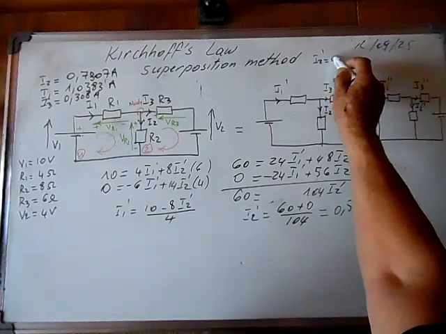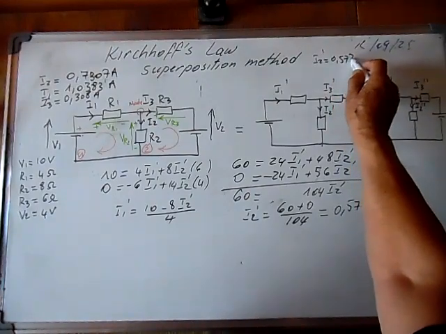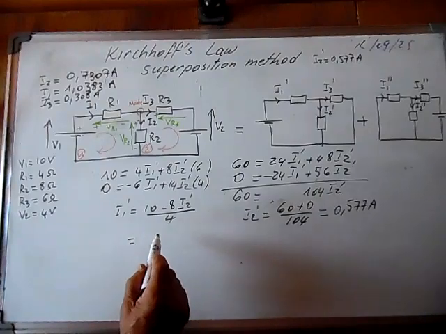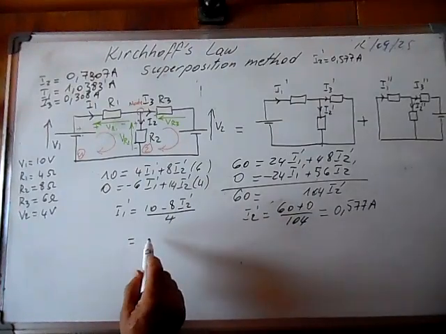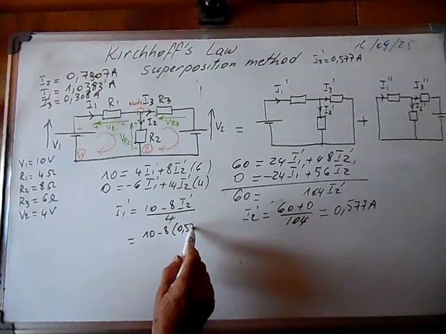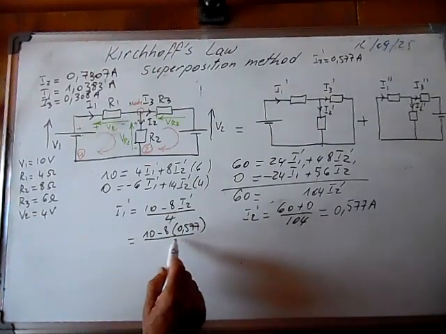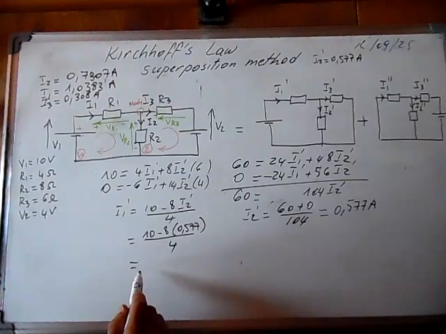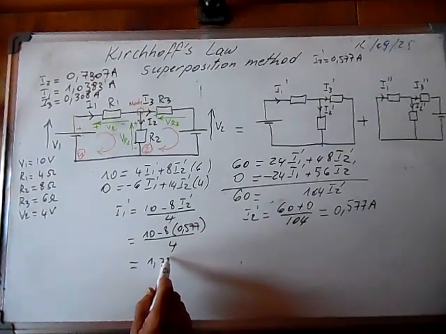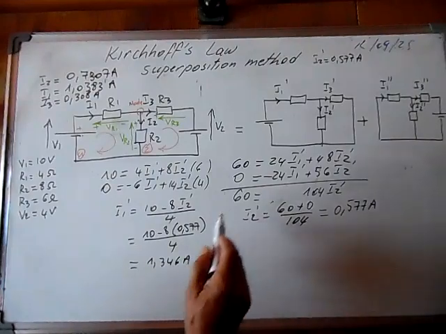And I2 prime, we can write I2 prime here, is equal to 0.577 amps, and I1 prime is equal to 10 minus 8 times 0.577 over 4, and this one is equal to 1.346 amps.